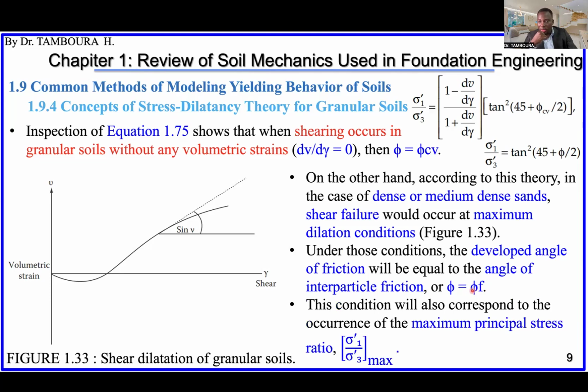And this condition will also correspond to the occurrence of the maximum principal stress ratio. This means the maximum value of sigma prime 1 over sigma prime 3, in this case the same. Okay, this is for medium dense and dense sand.